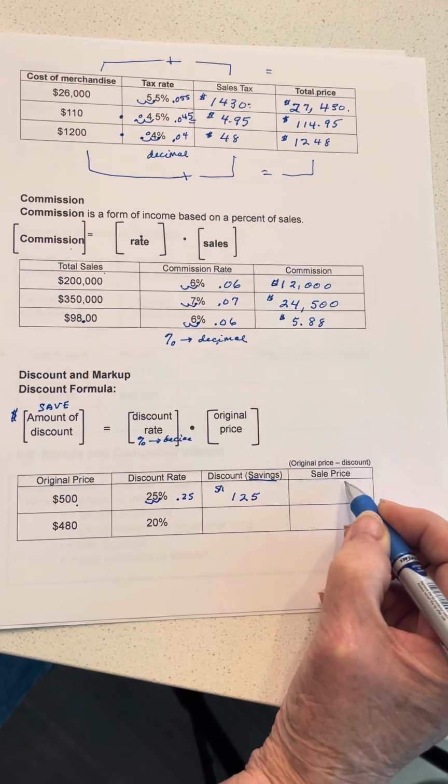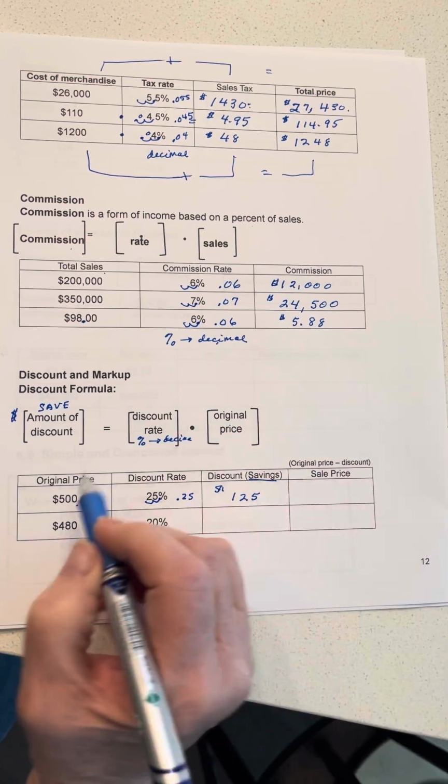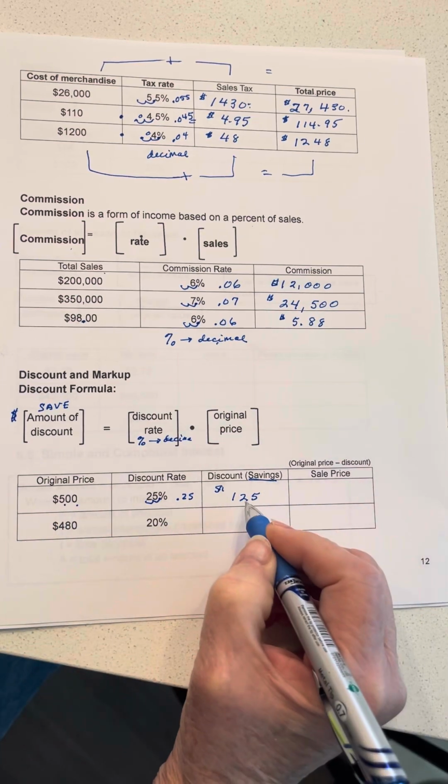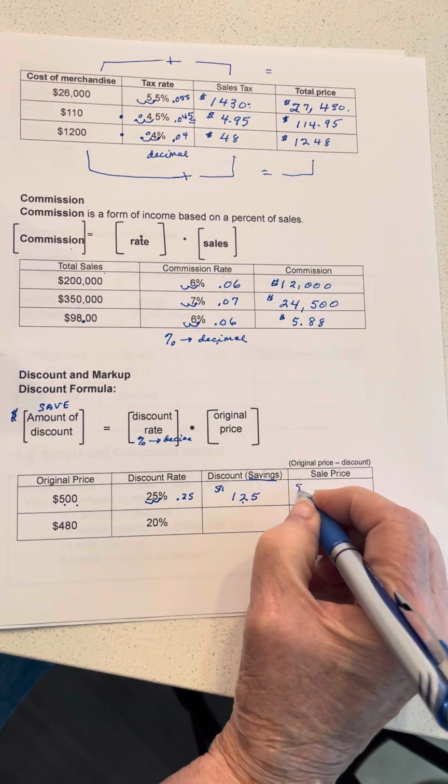So the sale price, what you're going to have to pay before tax, is the original price minus the discount or the savings.